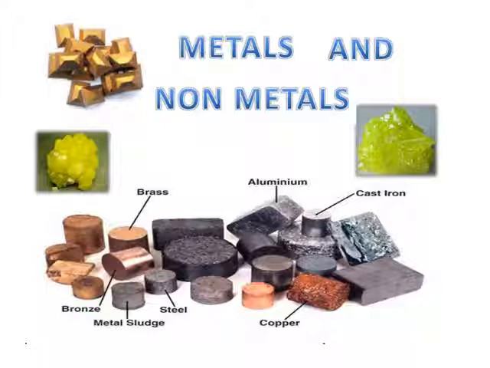Today's class is an extension of that. A few more properties based on chemical properties we are going to learn today. So, it is a continuation of last week's class, right? Let us go into the lessons.